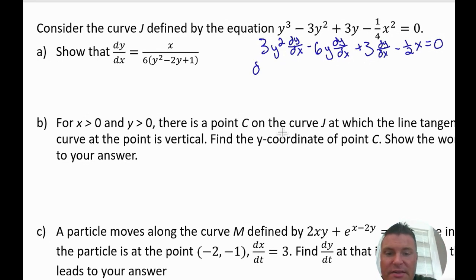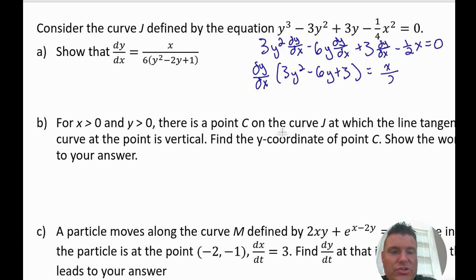So I can rewrite this as dy over dx times 3y squared minus 6y plus 3. Now I'm sure I'm going to get the question from somebody, wait a minute, couldn't you just take out a GCF of 3 as well? You could. I will in a moment. I just always like to take care of my dy/dx's first.